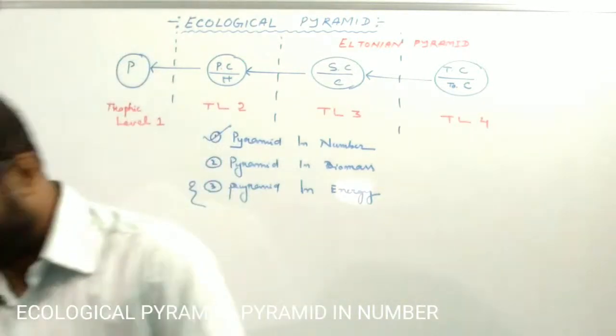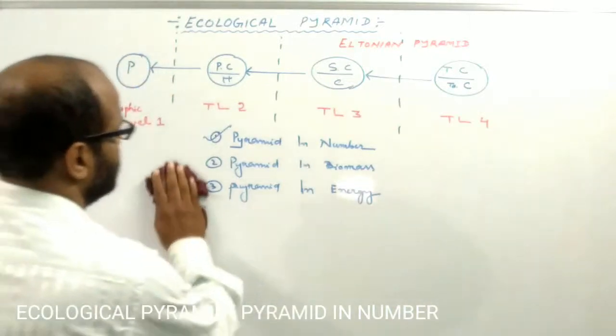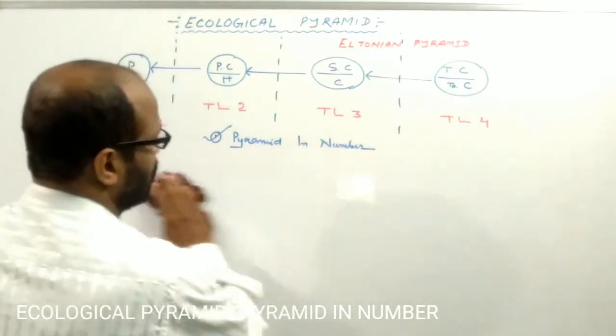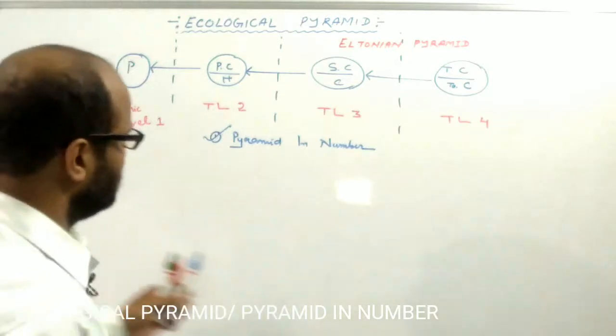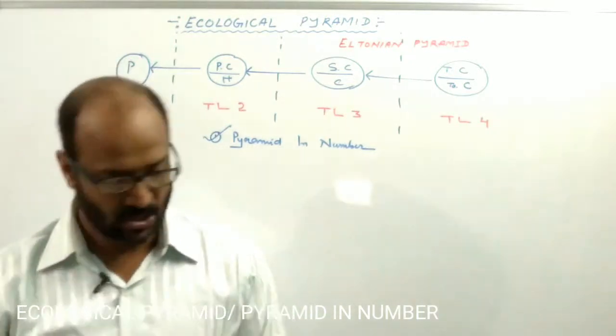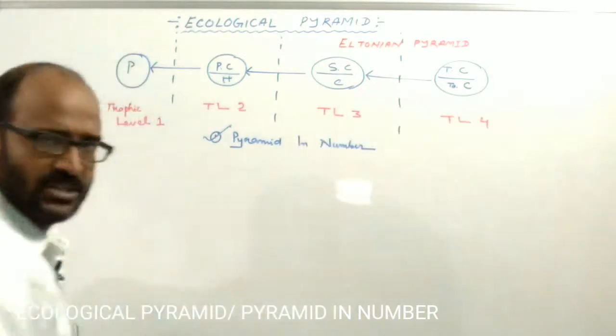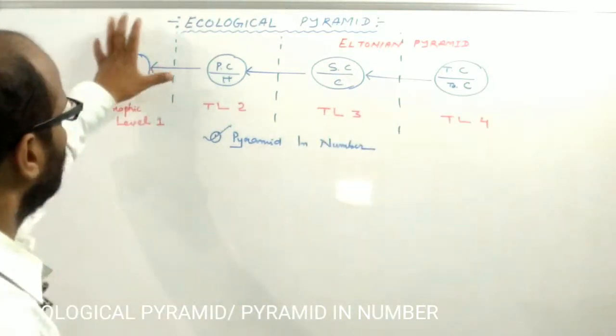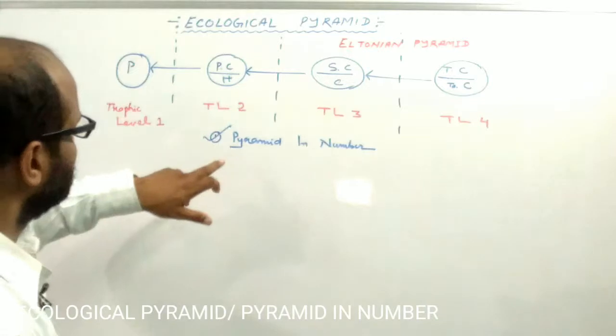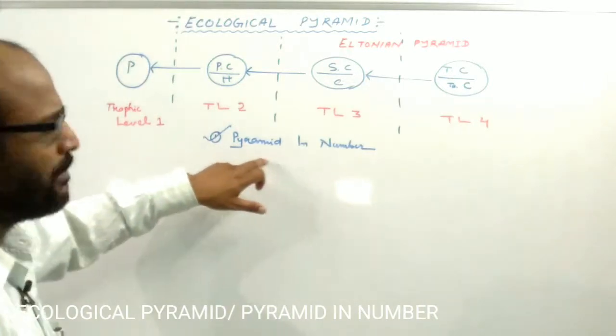If you represent the number of individuals of each trophic level of the food chain or the ecosystem, this is known as the pyramid in numbers.